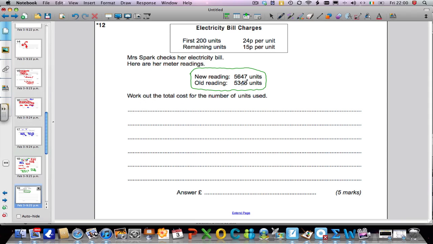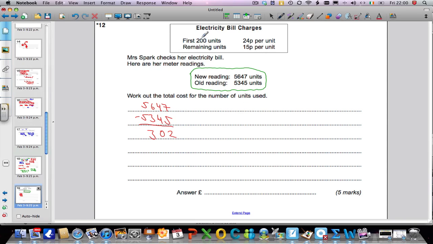So if I want to know how many units we've used in this month, we'll do 5,647 and take away 5,345, and that'll tell me how many units of electricity we used that month. 203, should I say. Let me just tidy that up. So that month she used 302 units.